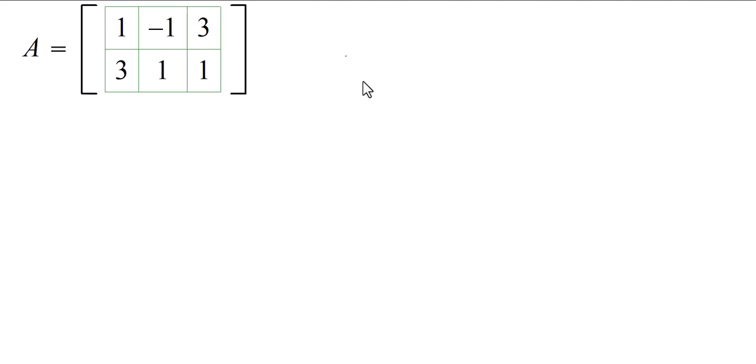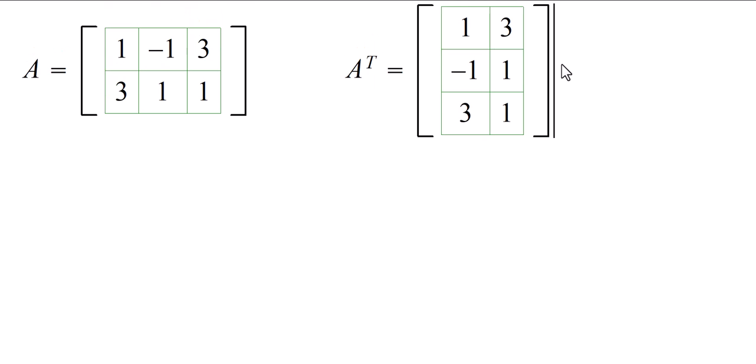So let us look at this 2 by 3 matrix that we are going to try to diagonalize. What we shall do is first write the transpose. And what is the transpose? The rows just turn to the columns, right?